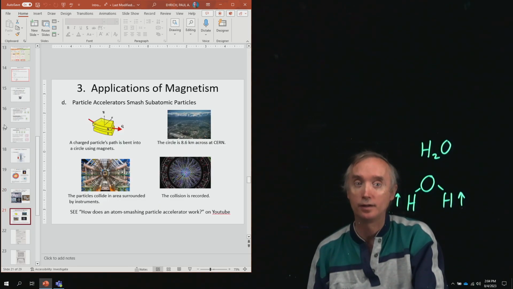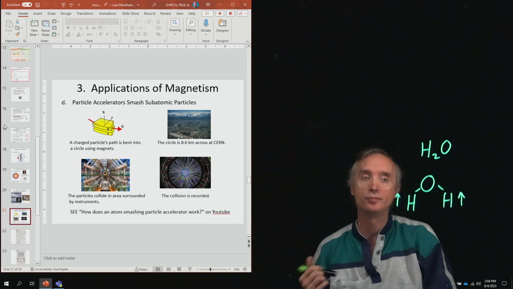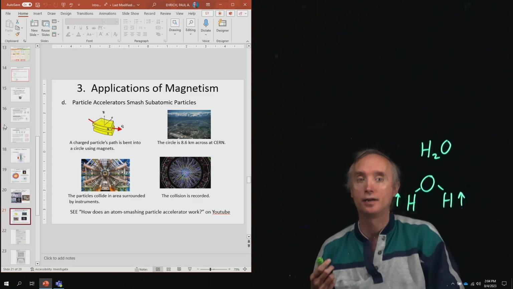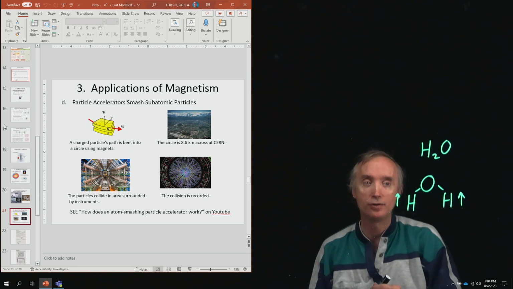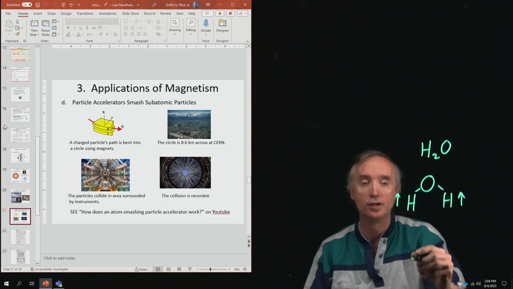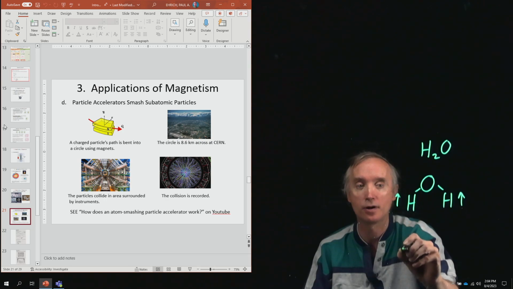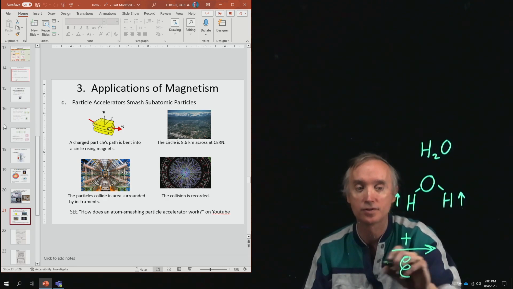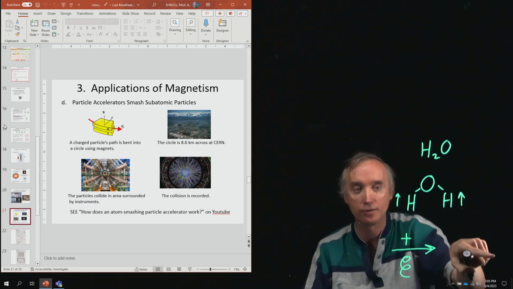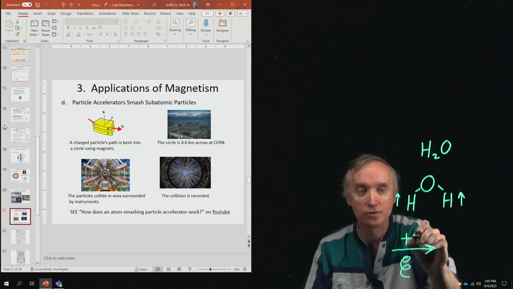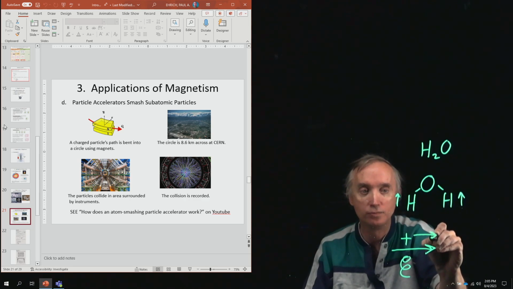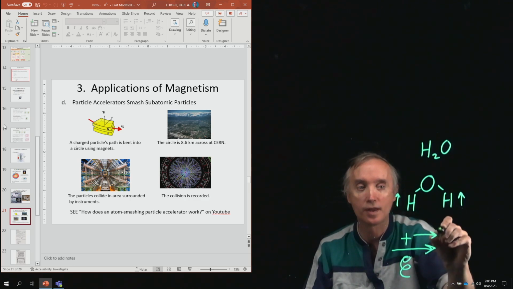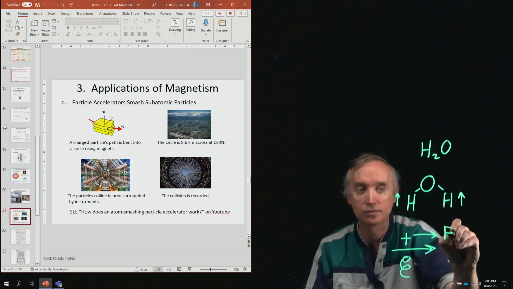Okay, and then another one that I'd like you to be familiar with is the particle accelerator. So you should now know that when you have a charged particle and you put it into an electric field, so let's say the electric field's pointing in that direction, then this charged particle will start to move in that direction with a certain force.